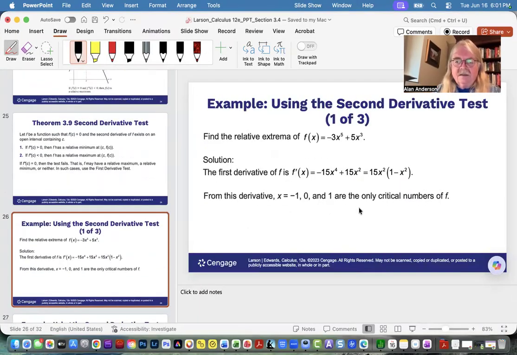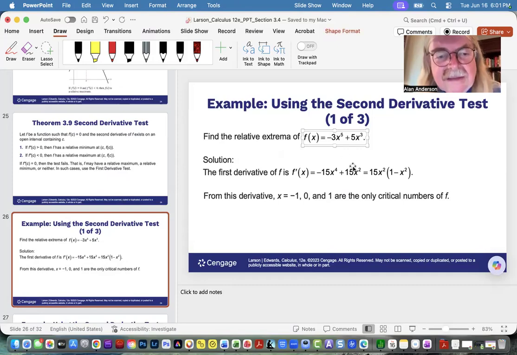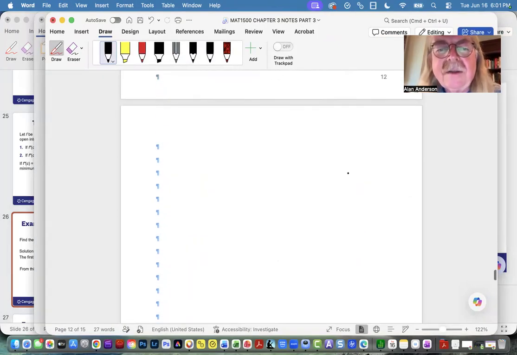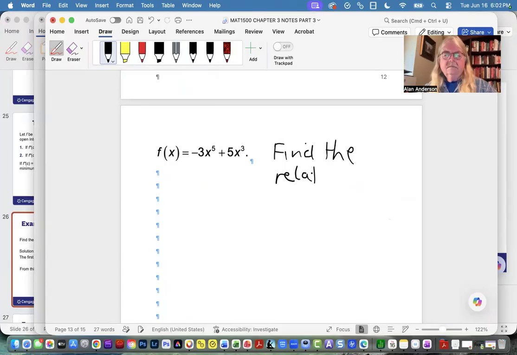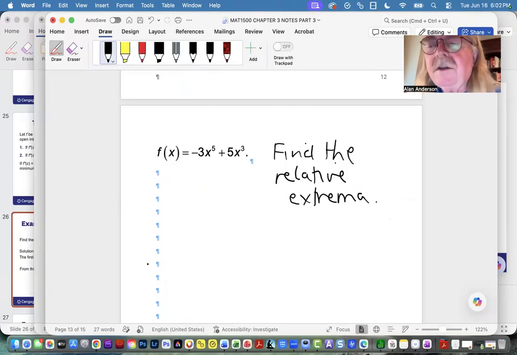All right, here we go. Let's see. I shudder to think what they've done with this one. I'm hoping that they took it easy with us. All right, so they want us to find the relative extrema. Now, what we're going to do is just right off the bat, take the first and second derivatives.